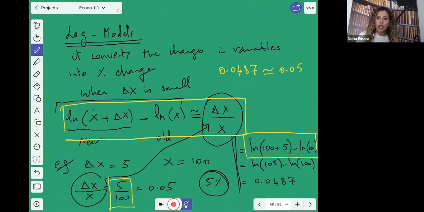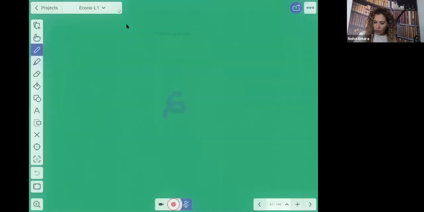So based on this topic, which is the log models, log models are used in order to approximate the changes in X into a percentage change. So it converts the changes into percentage change. Whatever you get out of this rule is approximately equal to whatever you get based on what you already know, which is the change in X over X. So I'm going to write this formula again because this is something very important, and this is what we are going to use multiple times in this topic.